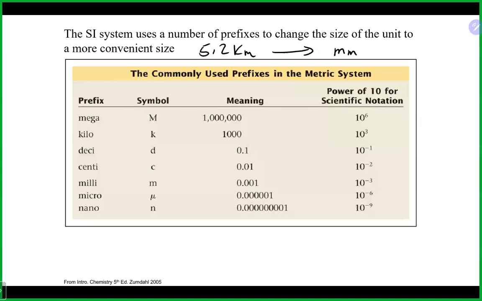So what you can easily find on this chart, obviously, is the kilo conversion, which will take you back to meters. And you could also find easily, obviously, as we just did, the millimeter conversion, which will then take you back to millimeters. And that is the way I would highly recommend you show your work and set it up. And you won't probably screw up moving decimals in the wrong location or doing the wrong kind of conversion between them.